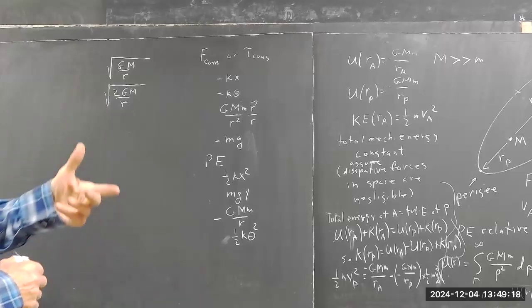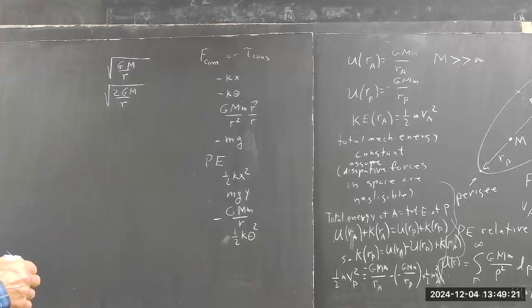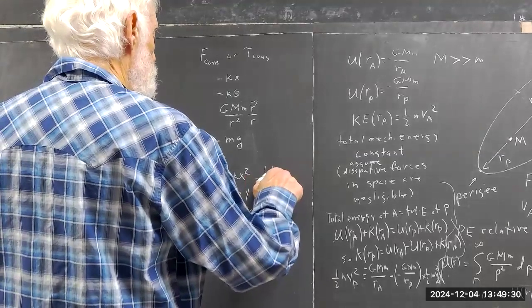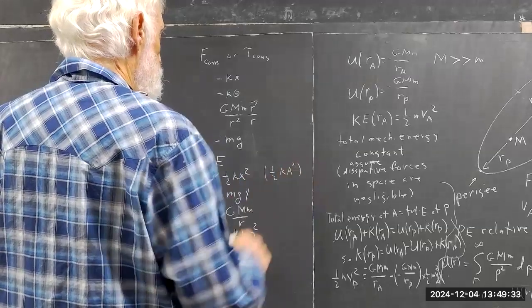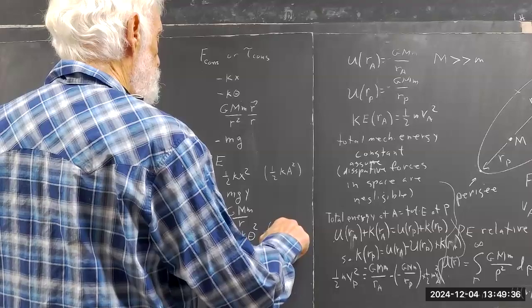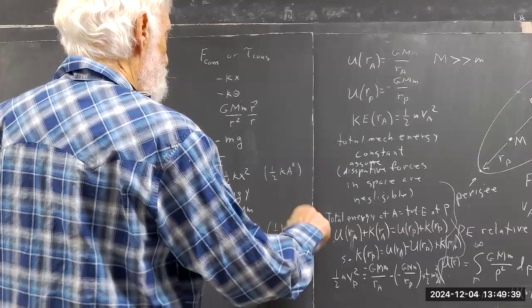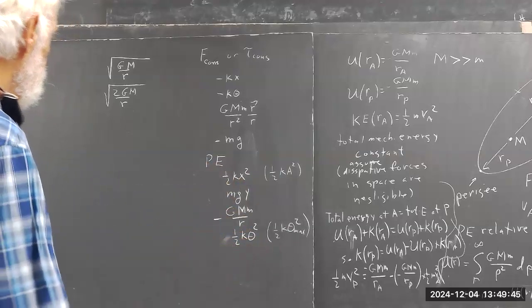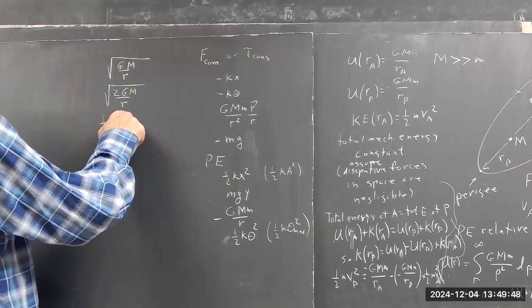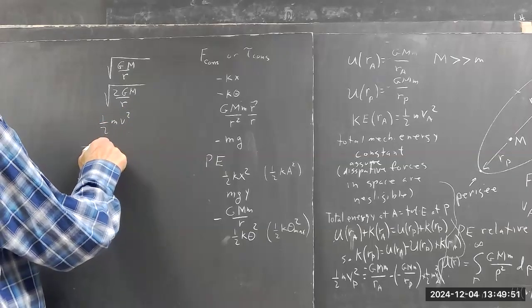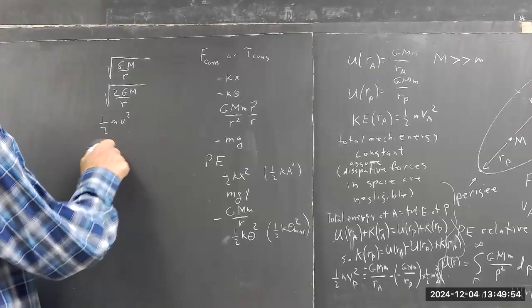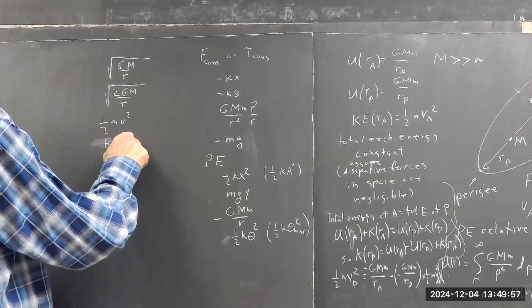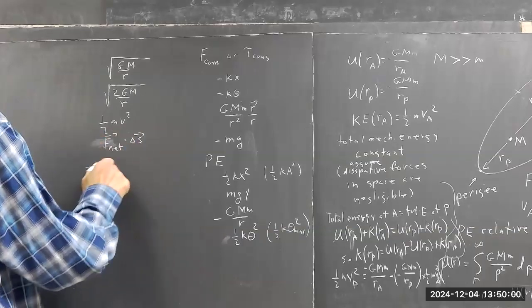So for simple harmonic motion, in parentheses, this is related to this, this is related to this. Of course, you have 1/2 mv squared. You have F net dot delta s.